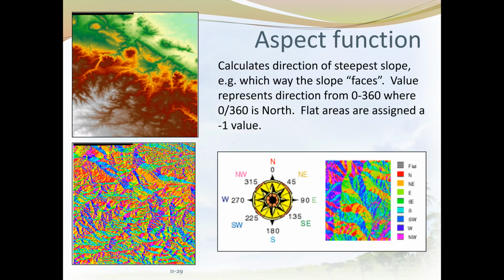Then the aspect function. An aspect map shows the compass direction of the slope. This is the azimuth angle, with values like 45, 90, 135, 180, 225, 270, and 315. It shows the compass direction of the slope and could locate south-facing hillsides to give the cabin a warm southern exposure.